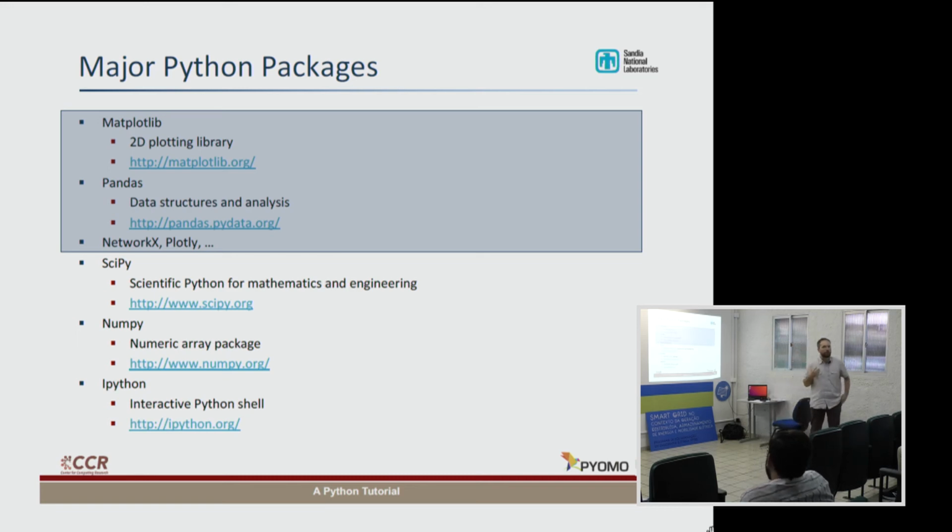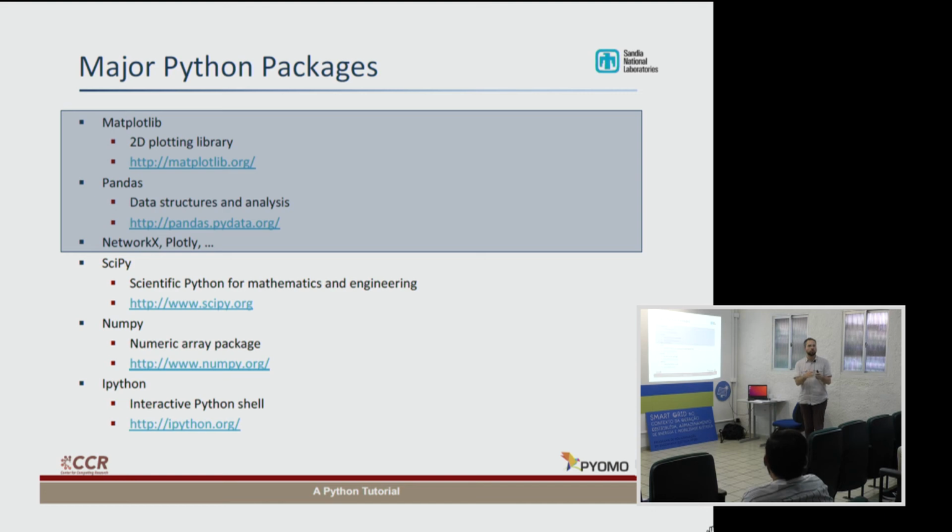The major libraries you will be using in Python are here. Here we have matplotlib, which is more for post-processing, for plotting functions and results. It's really similar to MATLAB figures and plotting.